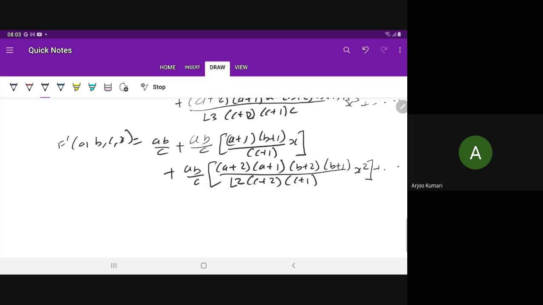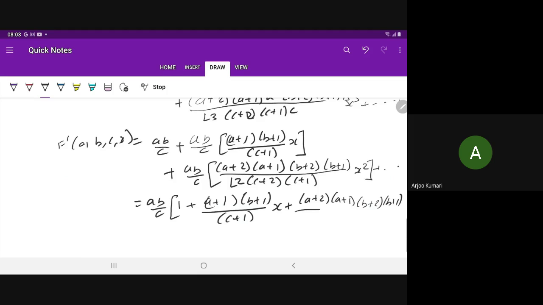So from all of this, if you take ab upon c common, here we have 1 plus a plus 1, b plus 1 upon c plus 1 into x, plus a plus 2, a plus 1, b plus 2, b plus 1 upon c plus 2, c plus 1, factorial 2, into x square, and so on.